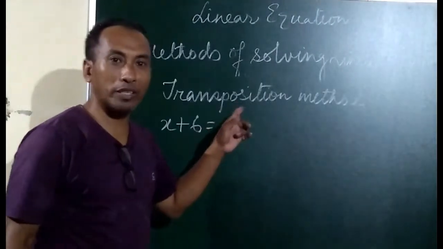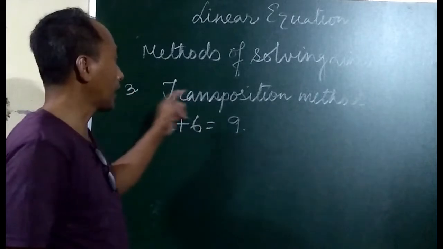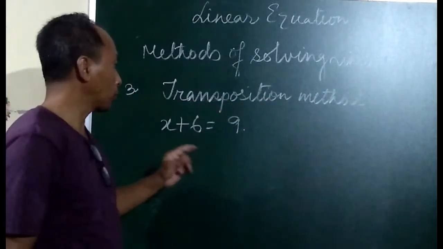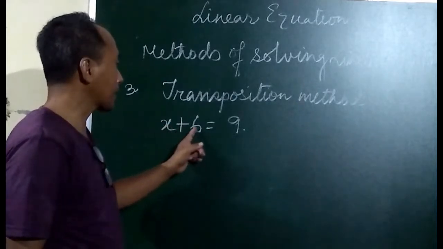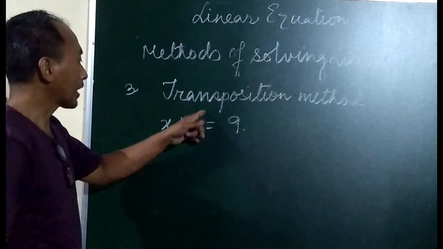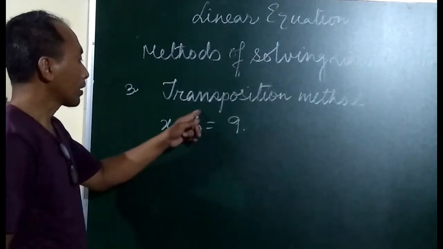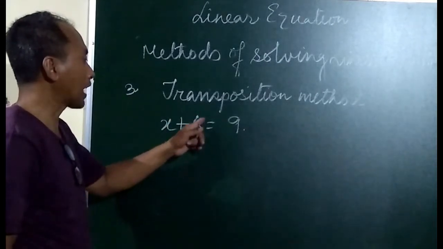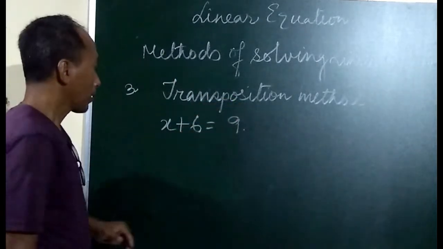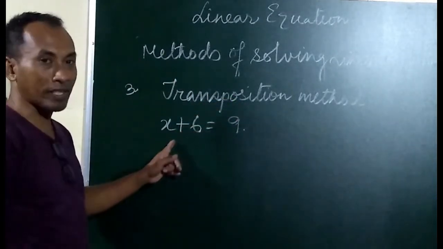Now let us come to the transposition method. The third method, transposition method. In the transposition method, we have taken one example, x plus 6 equals 9. In the transposition method, the constant term on the left hand side or the right hand side should be taken to the opposite side. For example, the constant term is on the left hand side.